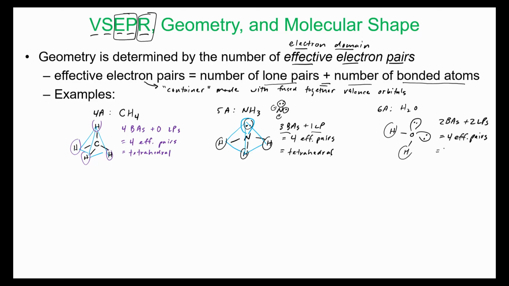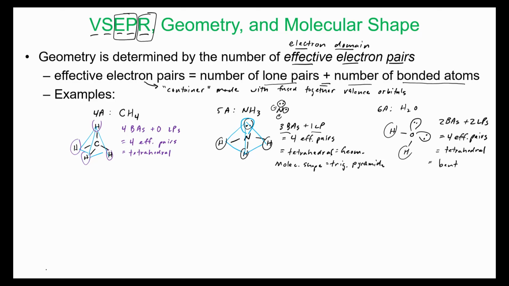The overall geometry is also a tetrahedral. So this is the geometry. The overall molecular shape of 5A is known as a trigonal pyramidal shape, and the overall molecular shape for 6A is known as bent.